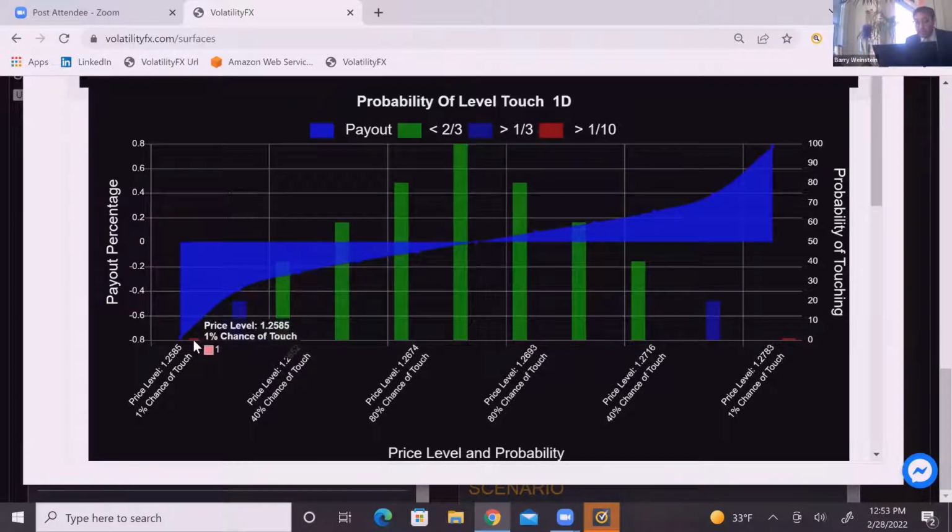So in red, this level has a 1 in 10 chance of occurring. And it's just like a horse race, 1 in 10 odds or betting odds. So this has a 10% chance of occurring, assuming that the market is as volatile as it has been over the past 2 weeks.